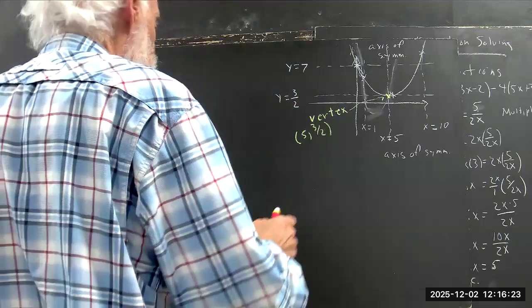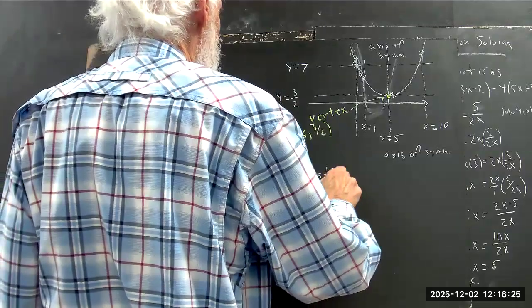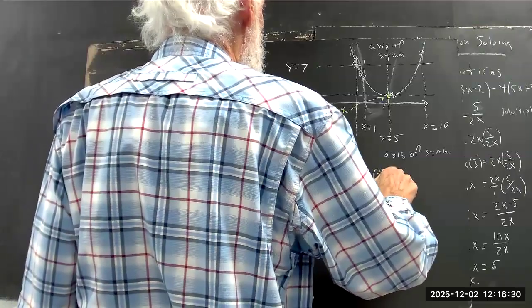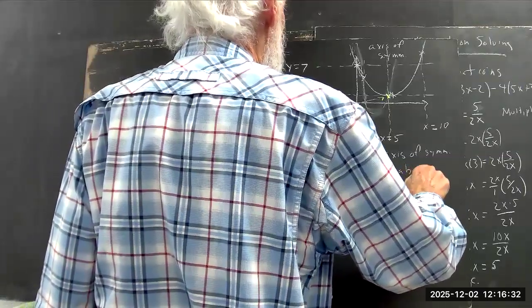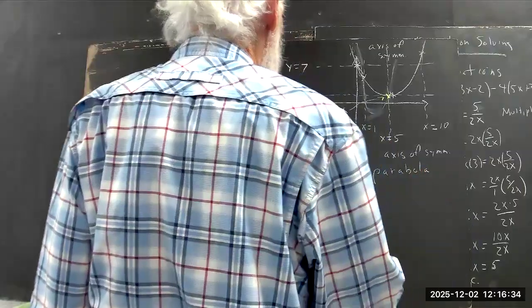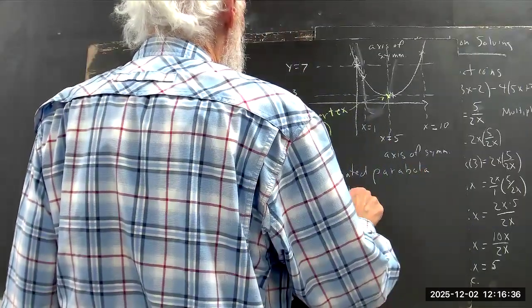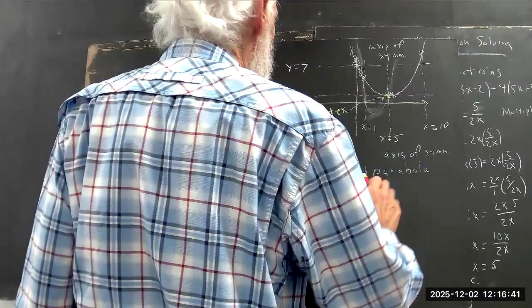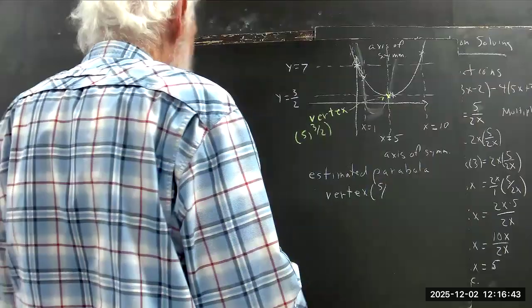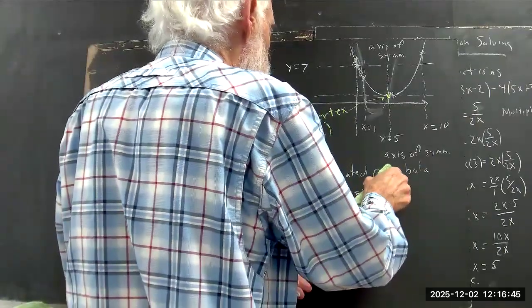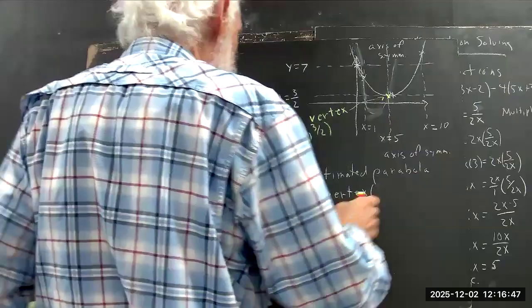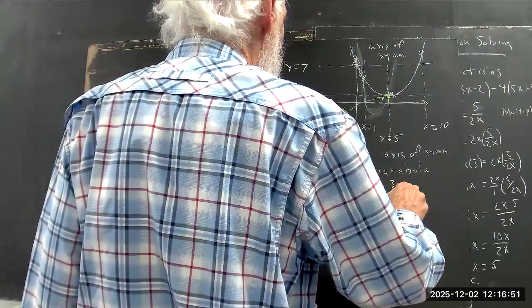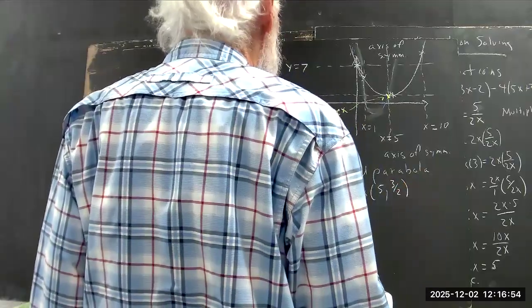Okay, so 5 comma, save the slash for the 3/2. Okay, vertex, 5, 3/2.